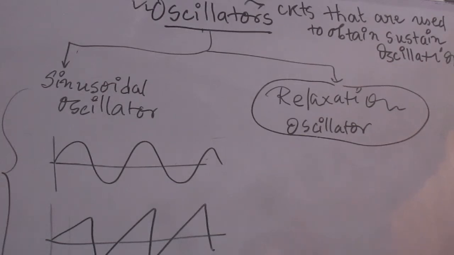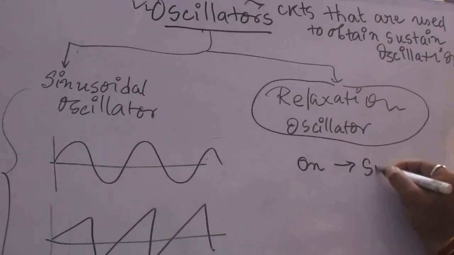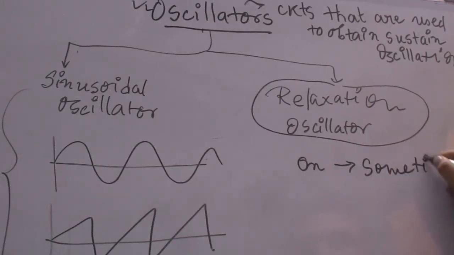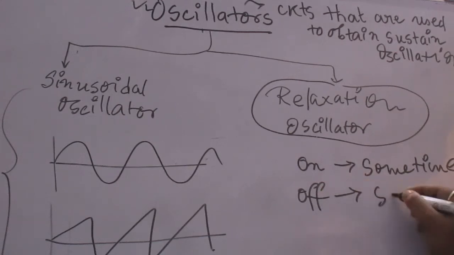Now, the function of a relaxation oscillator: the circuit may be on for some time and may be off for some time. That is, it does not have any periodicity, but it remains on for some time and remains off for some time.